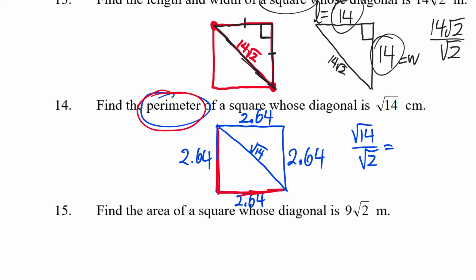So I'm going to add up 2.64, 2.64, 2.64, and 2.64. I'm going to add that up 4 times, 2.64 times 4, and what does that give you? About 10.56 centimeters.